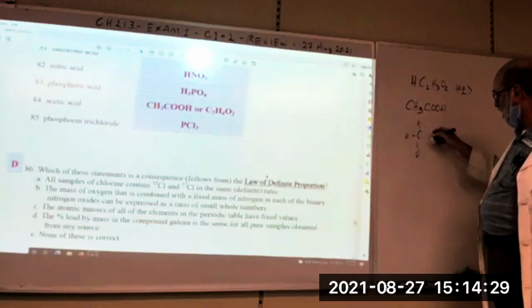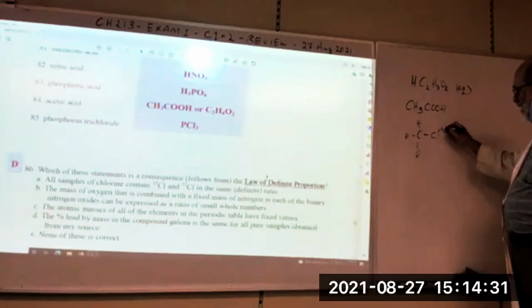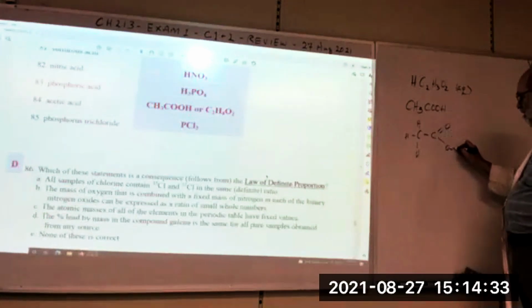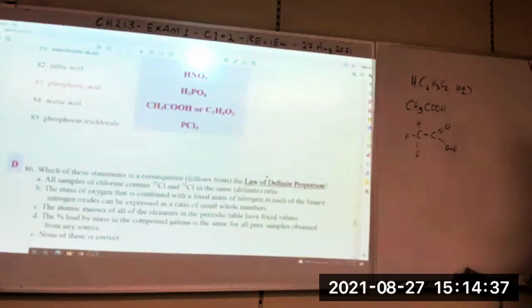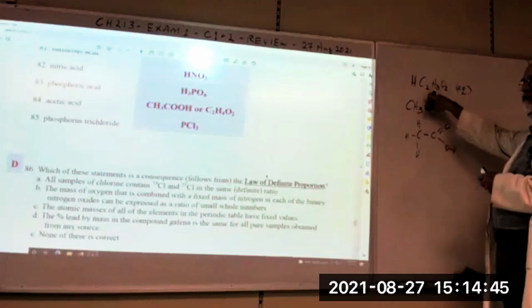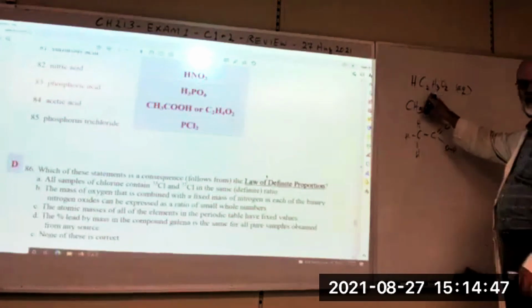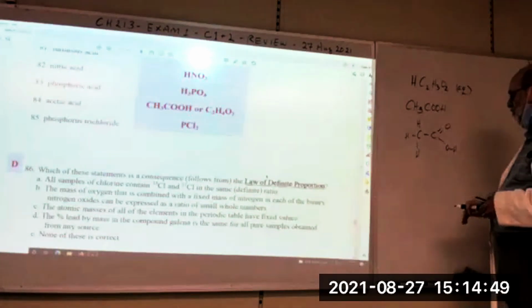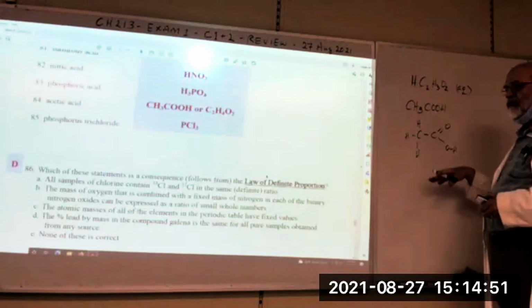That's CH3, and that's bound to carbon. And then this one is like that. And there's your acidic hydrogen right there. CH3COOH is acetic acid. But this is fine. In fact, this would follow the convention a little closer now. This is part of my history.